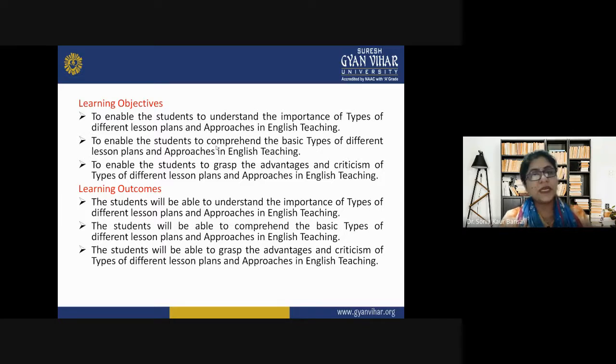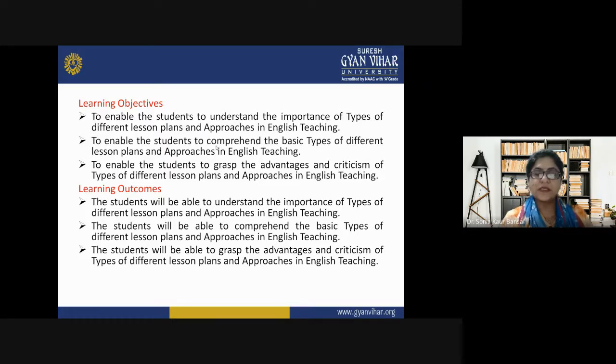I would be really happy, students, if you show these outcomes in your learning behavior, learn all the types of lesson planning and different approaches applied in framing lesson plans, and prepare lesson plans very efficiently in all the four areas of English language: prose, poetry, grammar, and composition.